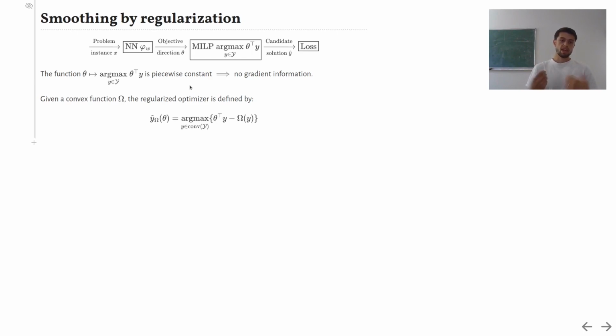So what we can do, as suggested by Dalle et al. and Berthet et al. a few years ago, is to regularize this argmax with a convex function omega. And if we do so, we have a smooth argmax that is differentiable, and therefore we can use it instead of the strong argmax in the learning pipeline.